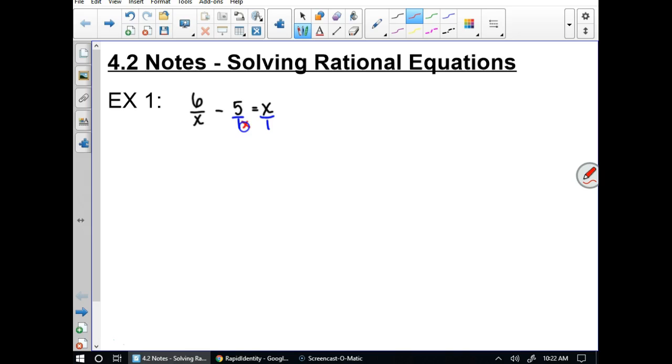If I multiply the bottom by x, I must also multiply the numerator by x. Same thing over here. I need an x in the denominator, and that means I need an x in the numerator as well. So when I do that, I'm going to get 6 over x minus 5x over x equals x squared over x.